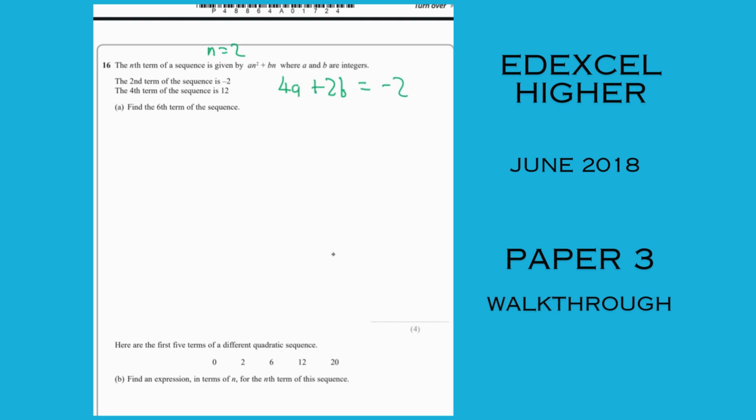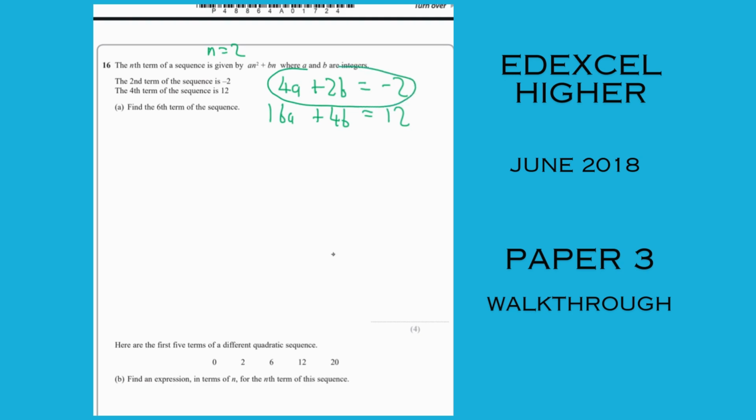The fourth term is 12. So the fourth term, we stick 4 in. So we get 4 squared, lots of a, and we get 4 lots of b. And as always with simultaneous equations, lots of ways of going about them.